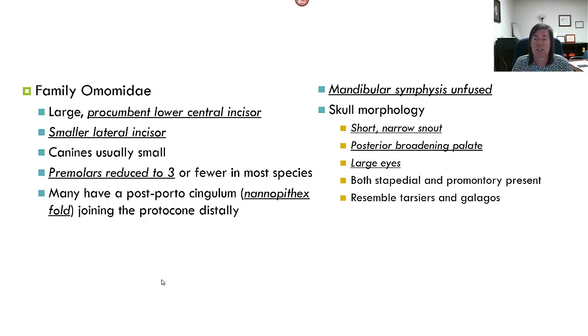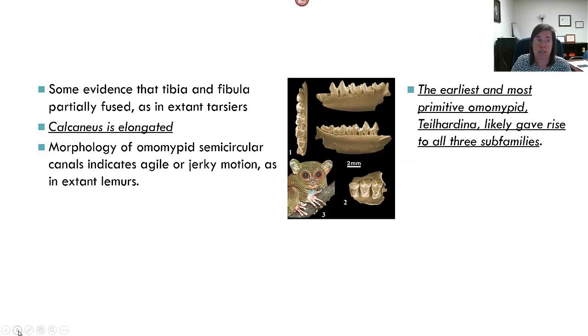They have really large eyes. We see both the stapedial and the promontory arteries present, and they tremendously resemble tarsiers and galagos. There's some evidence that the tibia and the fibula are partly fused in some specimens of Omomyidae.